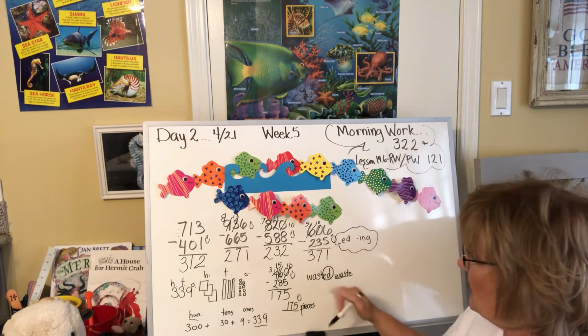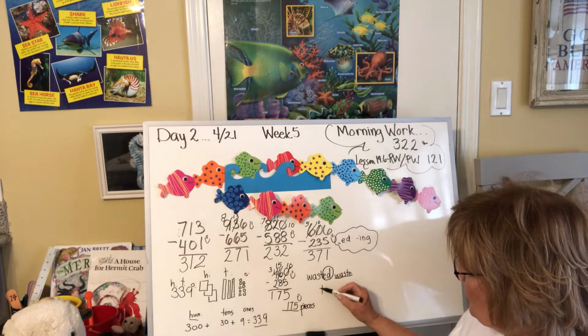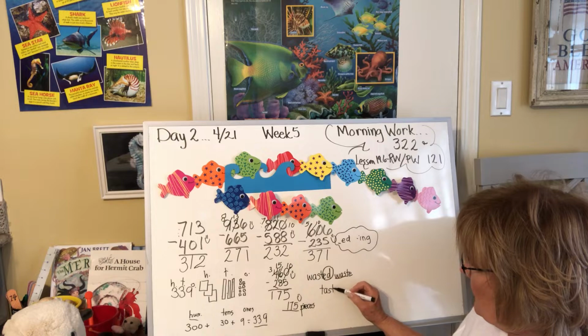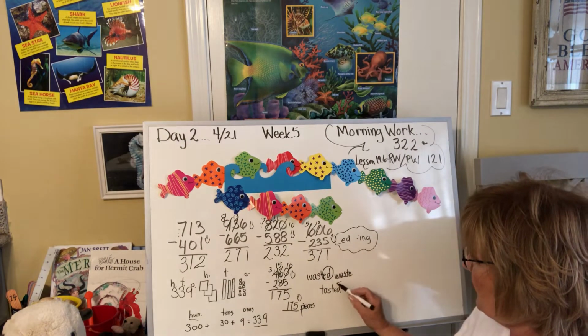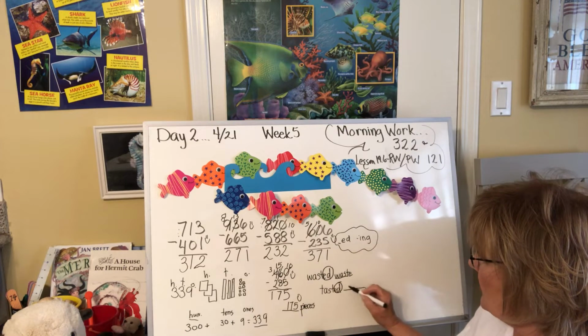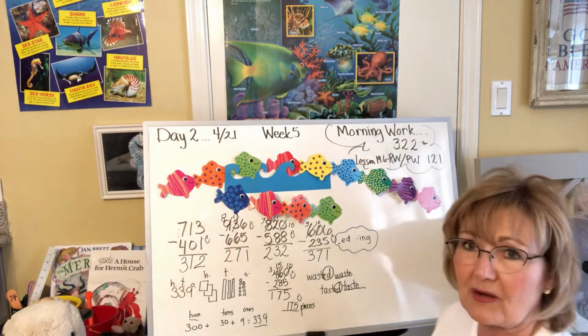Okay, so let's see what happens to these words. Okay, what's this word? Tasted, you're right. What are you going to circle? ED, and you're going to write taste. That so far is tast, so you want to add your E back on, okay?